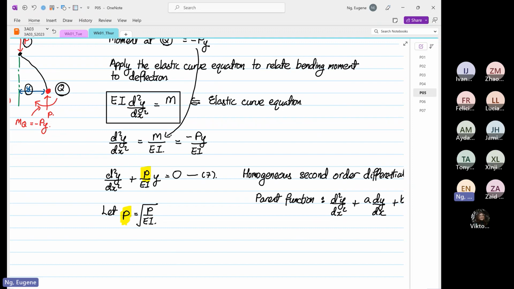Because it will make writing the solution in its final form much more convenient.